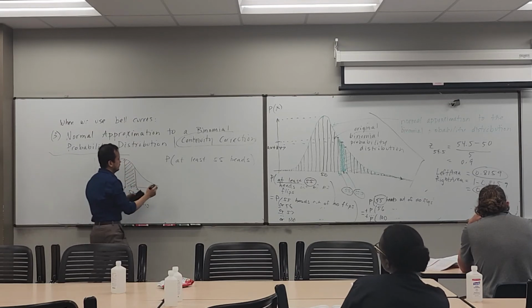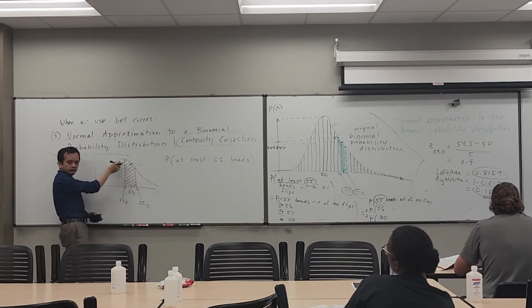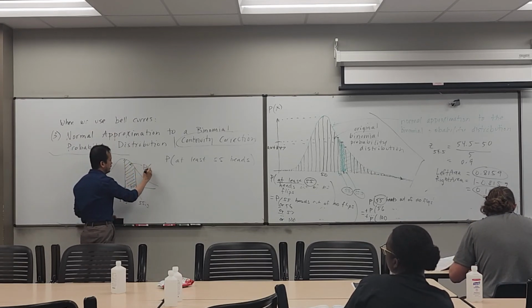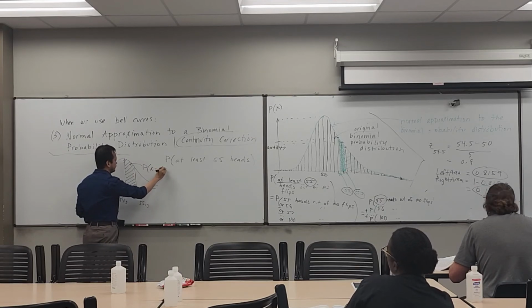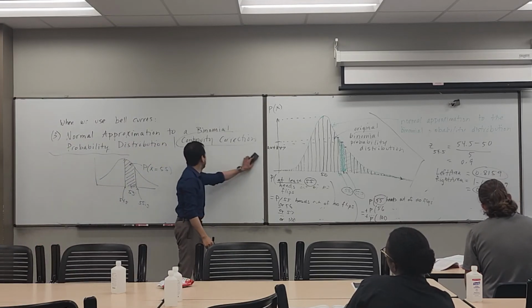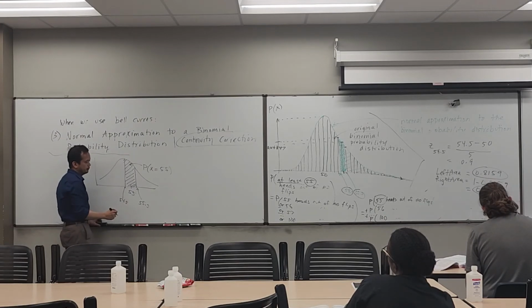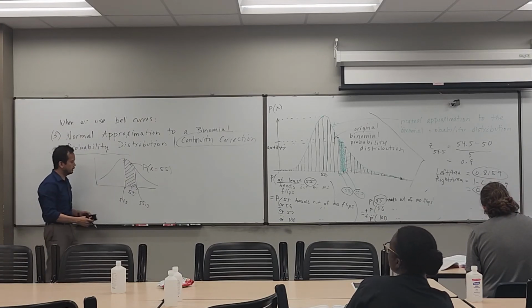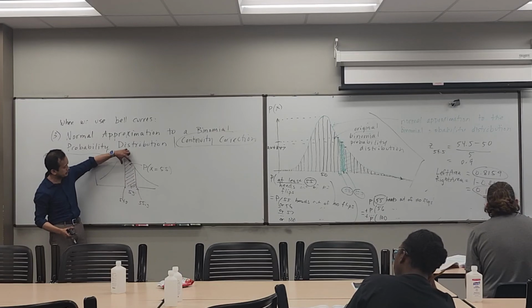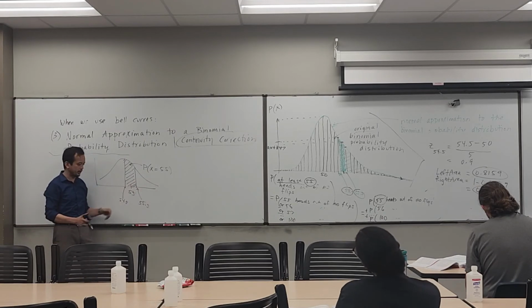So this area here, if we were to find just this area, would be the probability of x being exactly equal to 55. So 55 heads. Now, if we want the probability of 55 heads or more, then we're going to include this entire region that represents just 55 and everything to the right of it as well to be more than that.